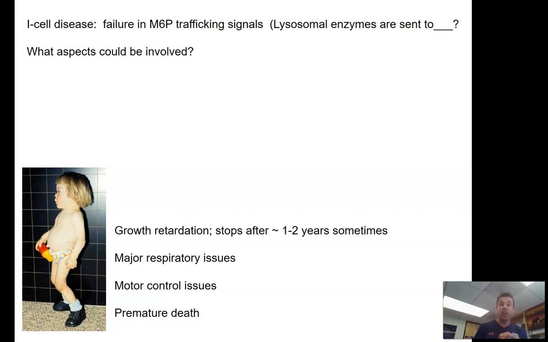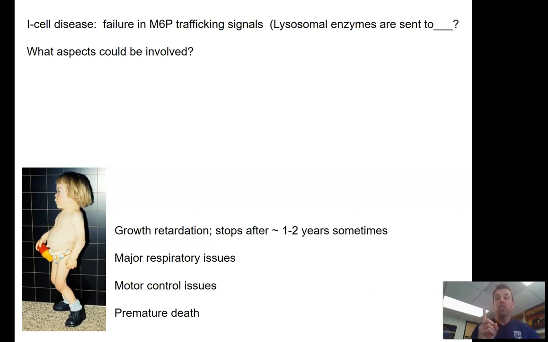So in other words, the trafficking. And if you remember in another one of our asynchronous lectures, I talked briefly about the fact that we use temperature-sensitive mutants to study these, because if you have a mutation that causes a defect in the transportation, everything that needs to use that transportation system is affected. It's not just that one thing.